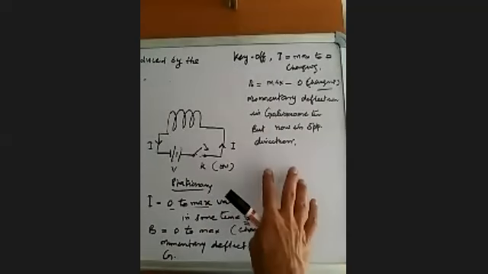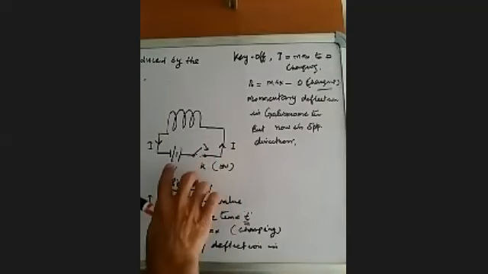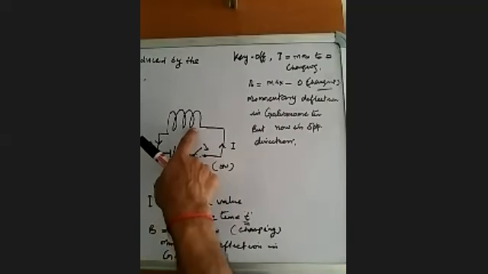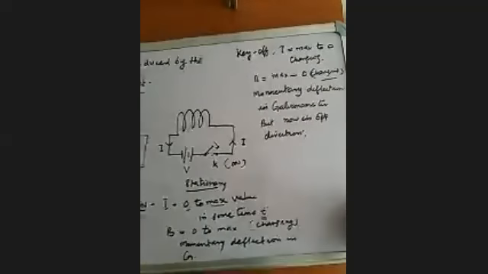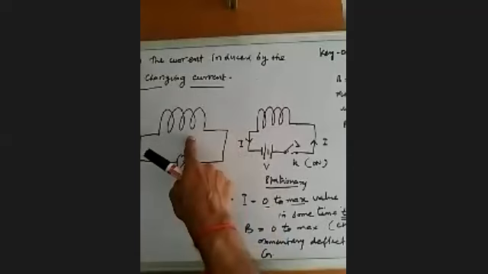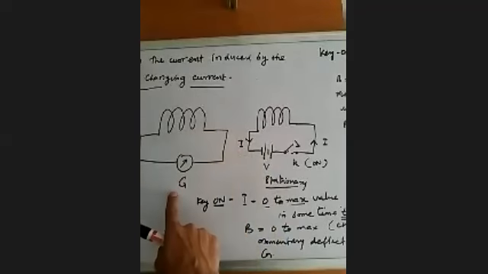Here the only difference is that there is no movement of the coil, but the current is changing. With the change in current, the magnetic field developed in the coil also changes. Because the magnetic field linked with this coil is changing, the magnetic field linked to the other coil is also changing, and therefore we see a deflection in the galvanometer.